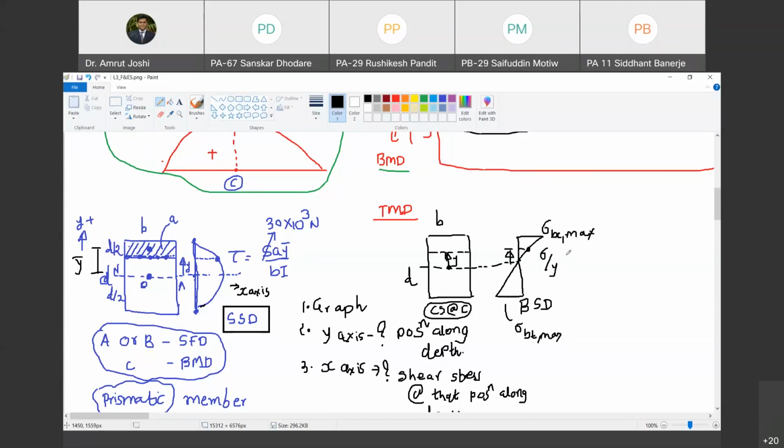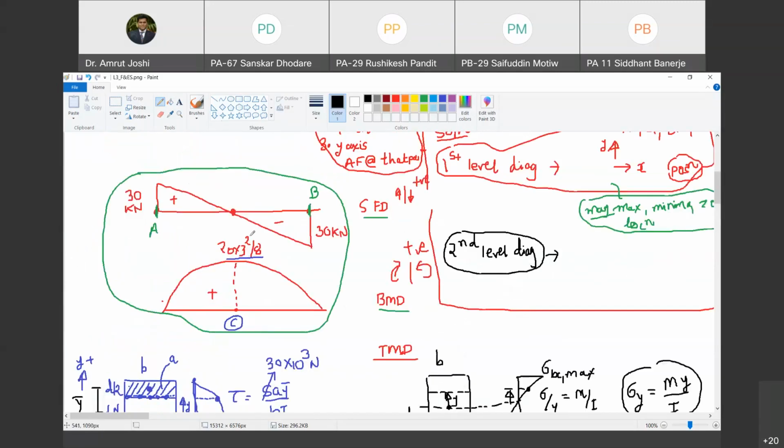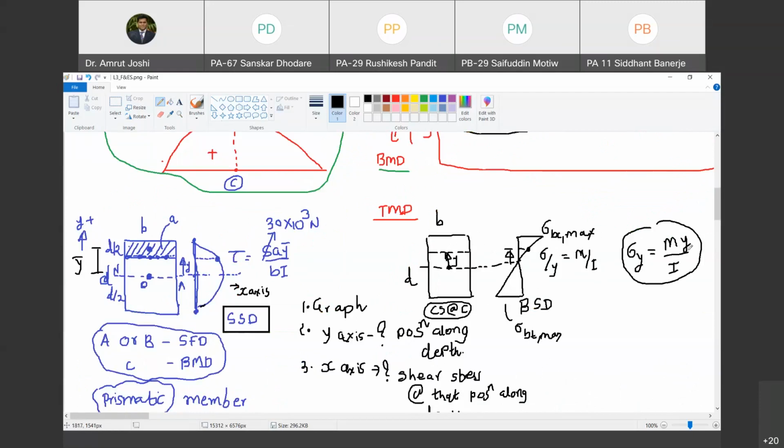Sigma by y is equal to M by I. Happy? Yes, sir. So what is the stress at this level? Stress at y is equal to My by I. Happy? Yes, sir. What is M? M is the bending moment at this cross section, which is 20 into 3 square by 8. Y is the location from the neutral axis where we are finding out the bending stress. I is the moment of inertia or second moment of area about the neutral axis. Are you with me?